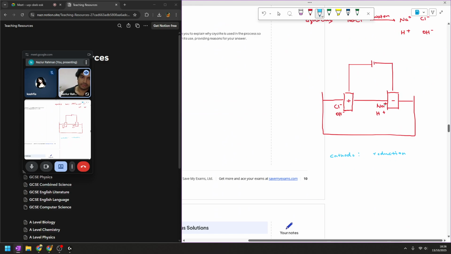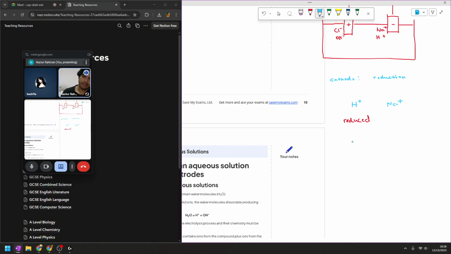They will compete with each other to see which one gains electrons. Hydrogen is better than sodium, so hydrogen would get reduced. And once all the hydrogen is gone, only then can sodium start getting reduced. Even if sodium gains an electron, hydrogen will just take it from sodium. So sodium is only discharged after the hydrogen is discharged.